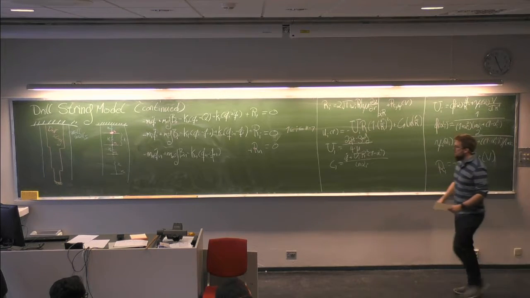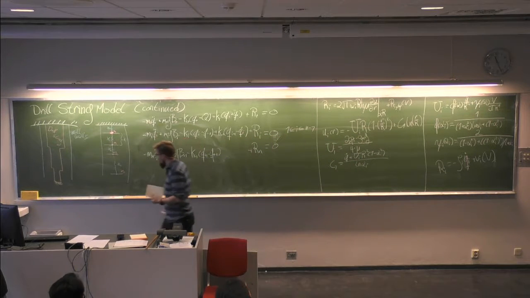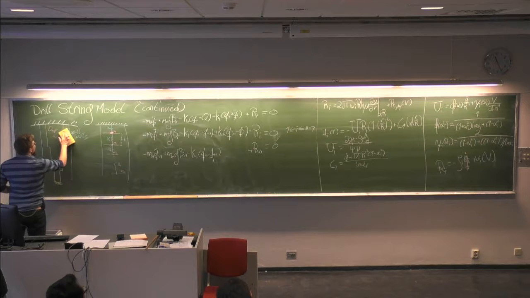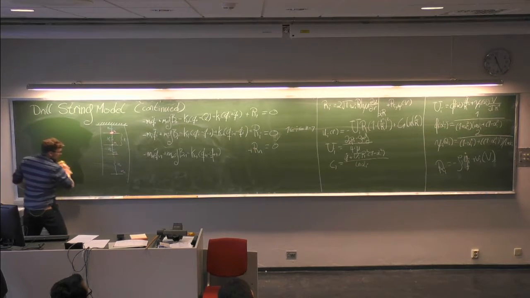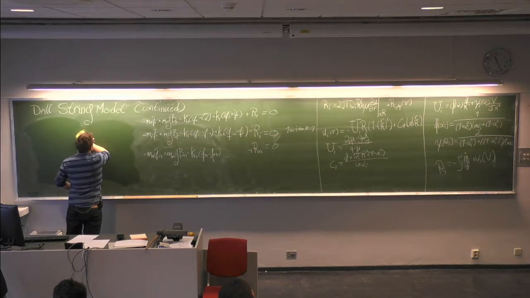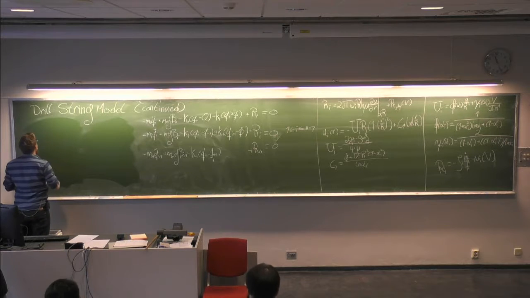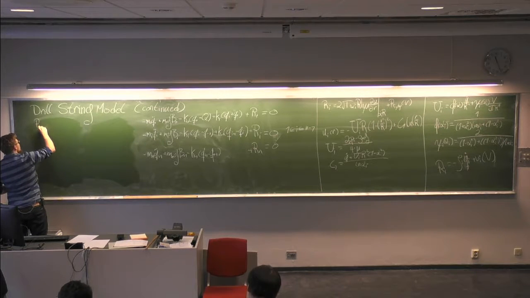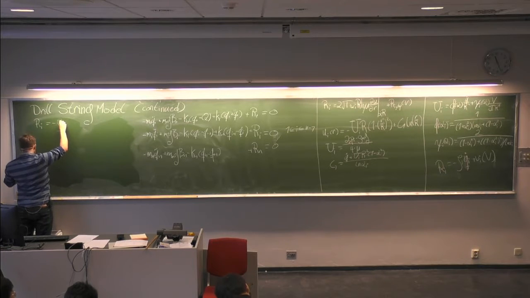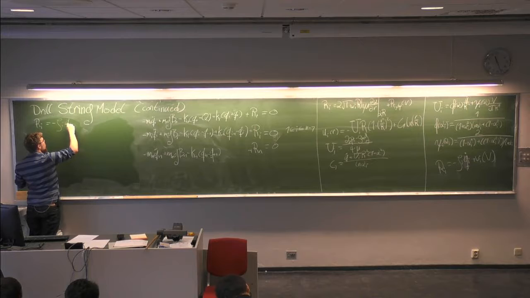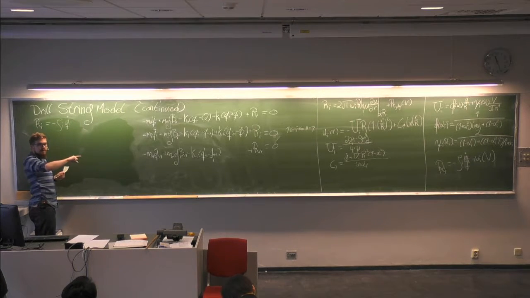So r_i is minus zeta_i times q_i dot. Is it different than yesterday?